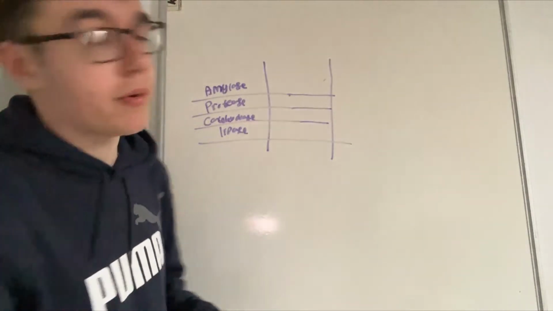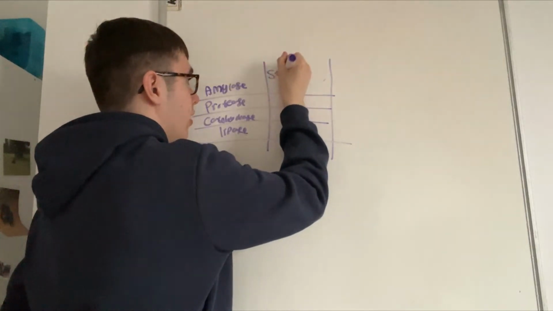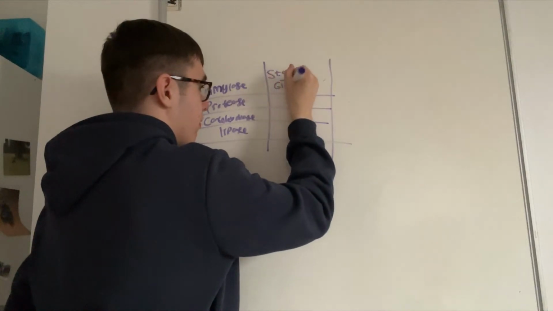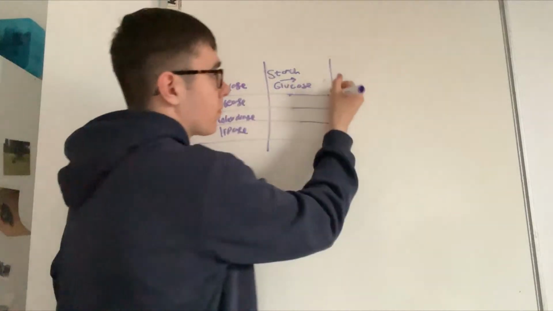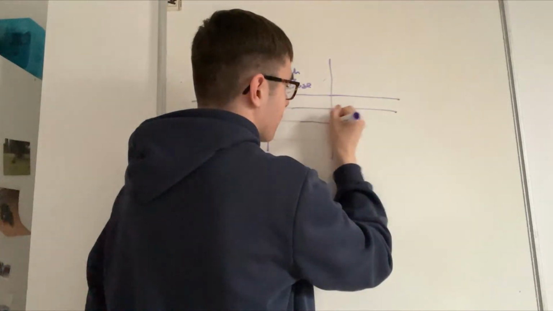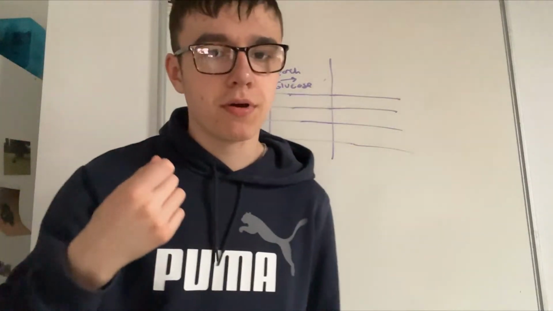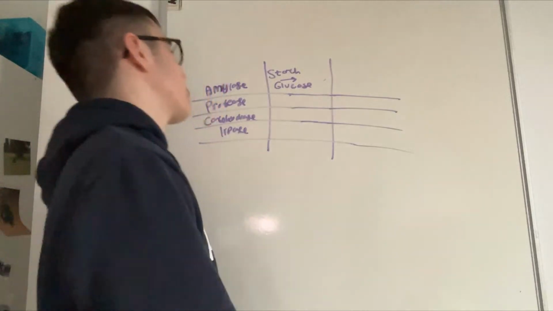What does it bind with? Well, it binds with starch, and it turns it into glucose. Okay? And a good way of remembering that is, basically, if you put bread in your mouth, it turns a bit sugary because glucose is sugar.